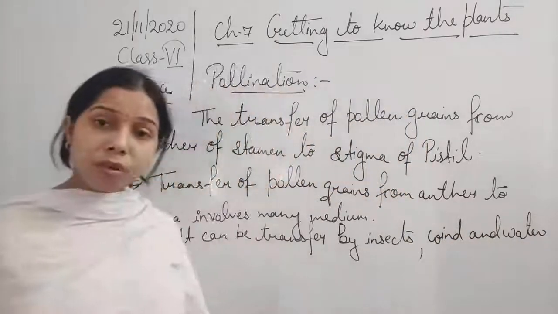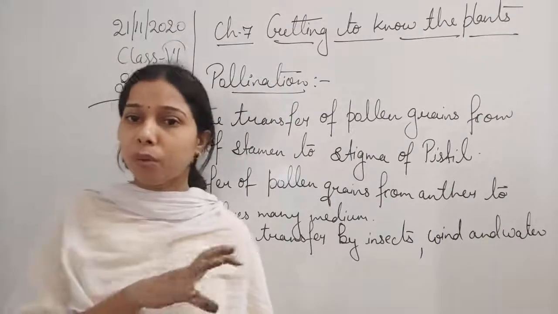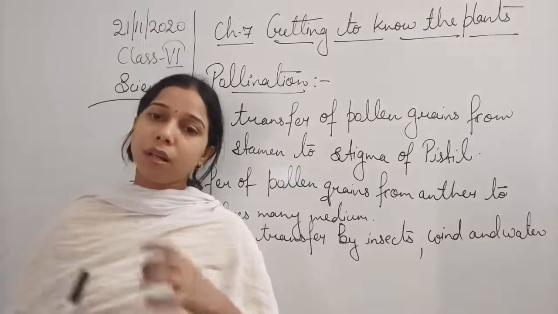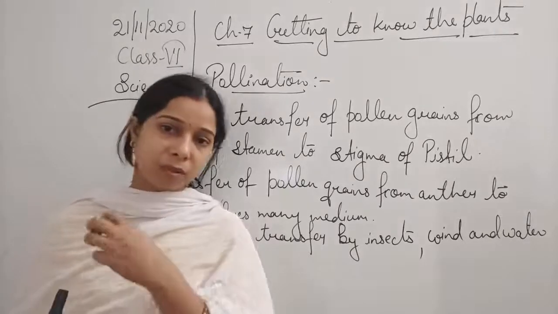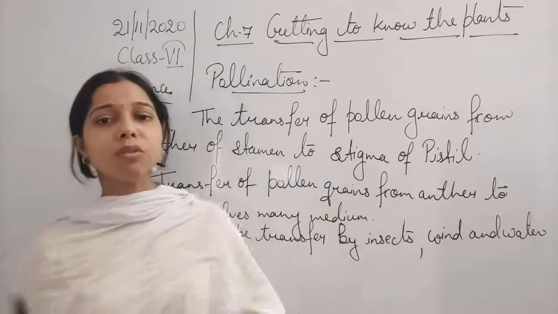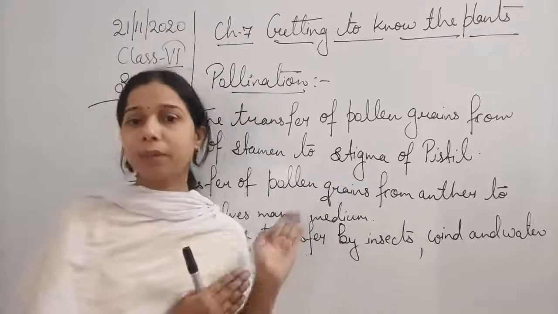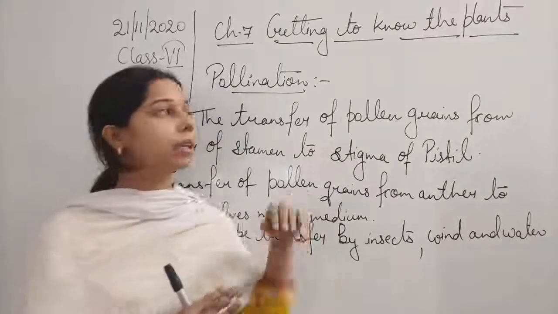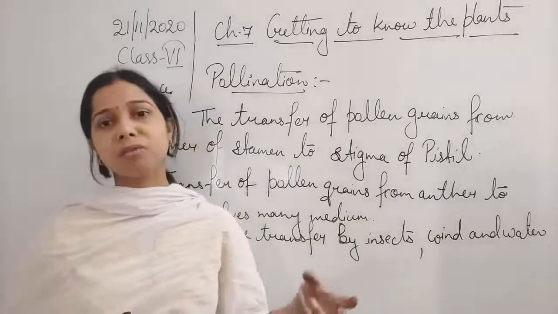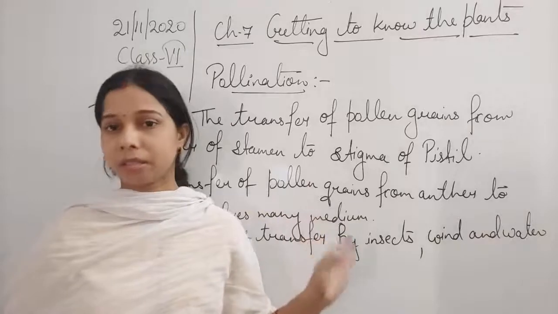Wind is also responsible, because when the wind blows, these pollen grains are very light. Due to the force applied by the wind on the pollen grain, the pollen grain is blown away with the wind, and from there it reaches the stigma. As it reaches the stigma, because of the stickiness, it remains on it.